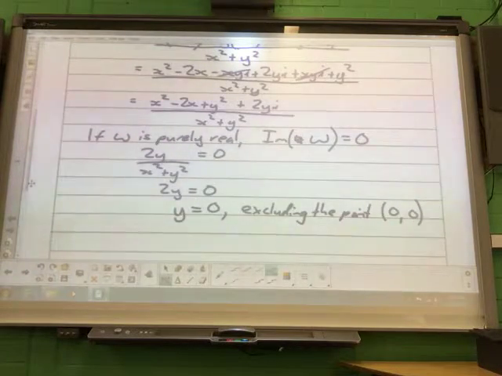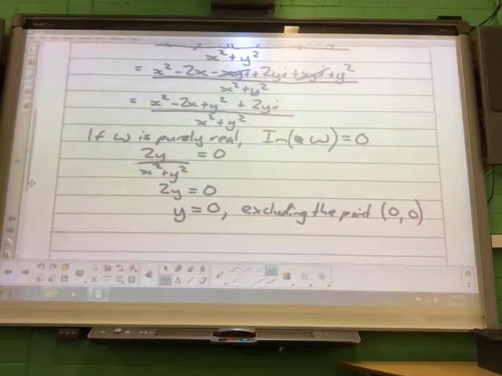It is. But the locus is the line. But why do they exclude the point (0, 0)? So yes, you're right about the concept of an asymptote there, but it's not going to be an asymptote because the line is not going to approach the asymptote in this particular example.